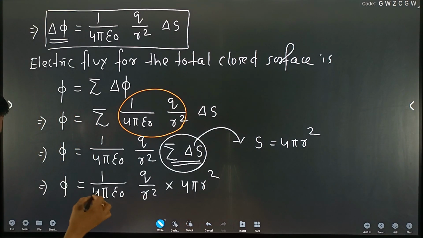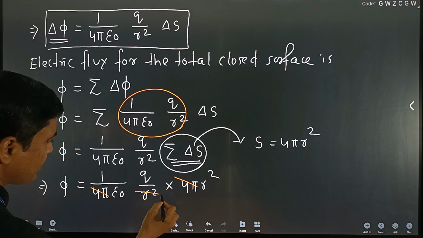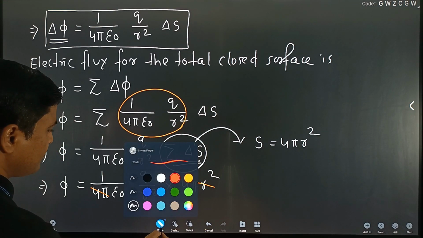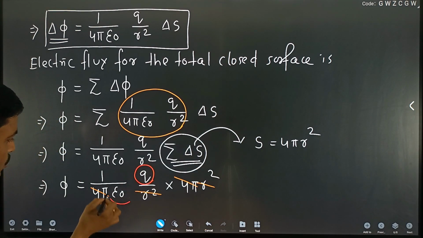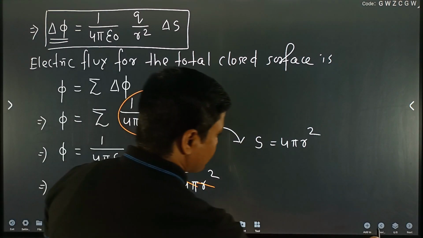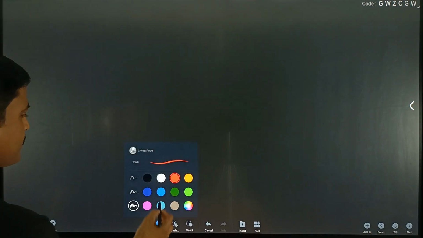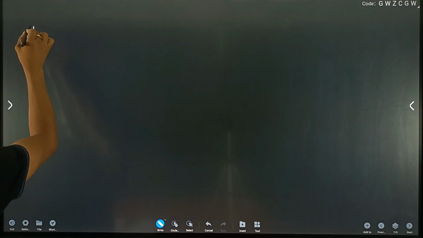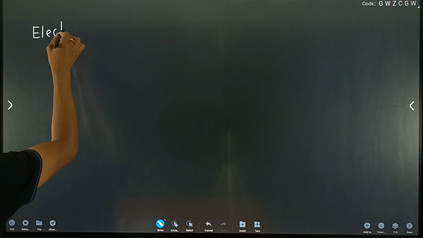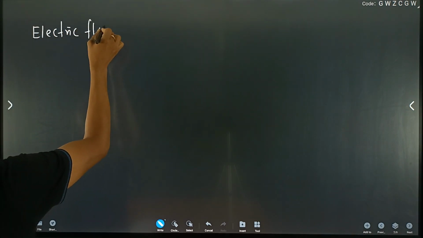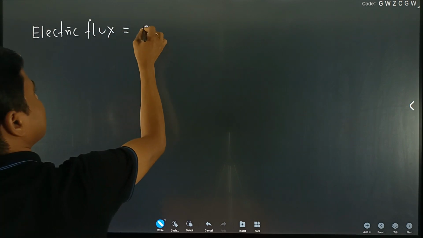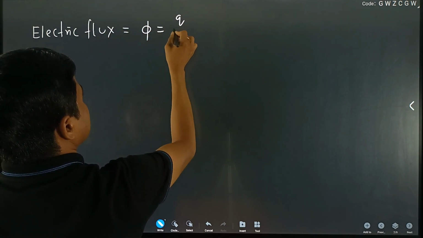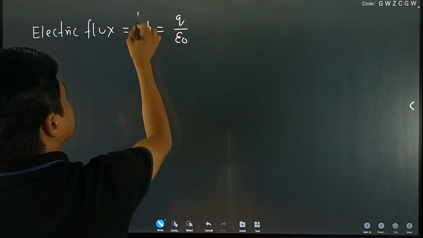Clear? And here 4 pi cancel, R square cancel, remaining is Q divided by epsilon 0. Finally, we write electric flux phi is equal to Q divided by epsilon 0.